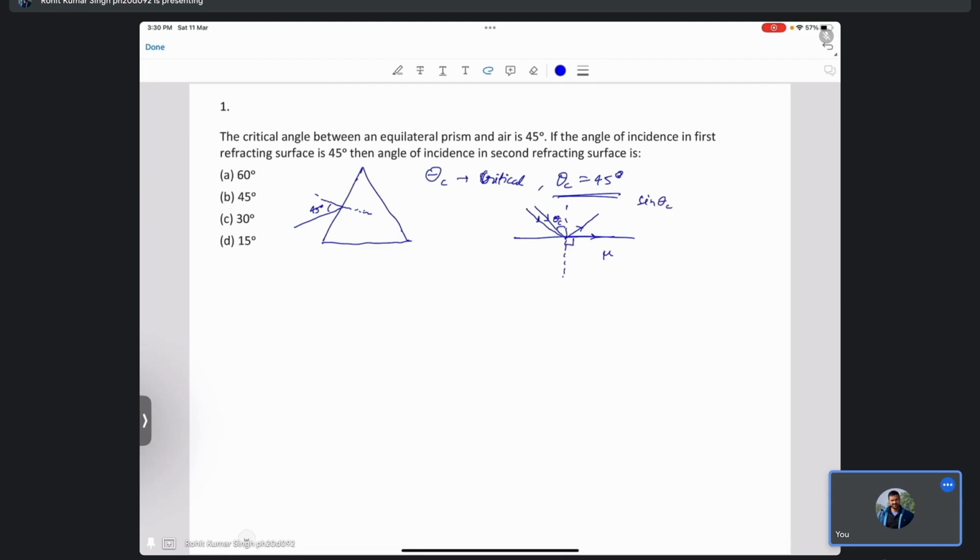Suppose here you have air, which has a refractive index 1, then 1 times sine theta c will equal mu times sine 90 degrees, and sine 90 is 1. So theta c will be just sine inverse of 1 by mu. Do you know about this formula?